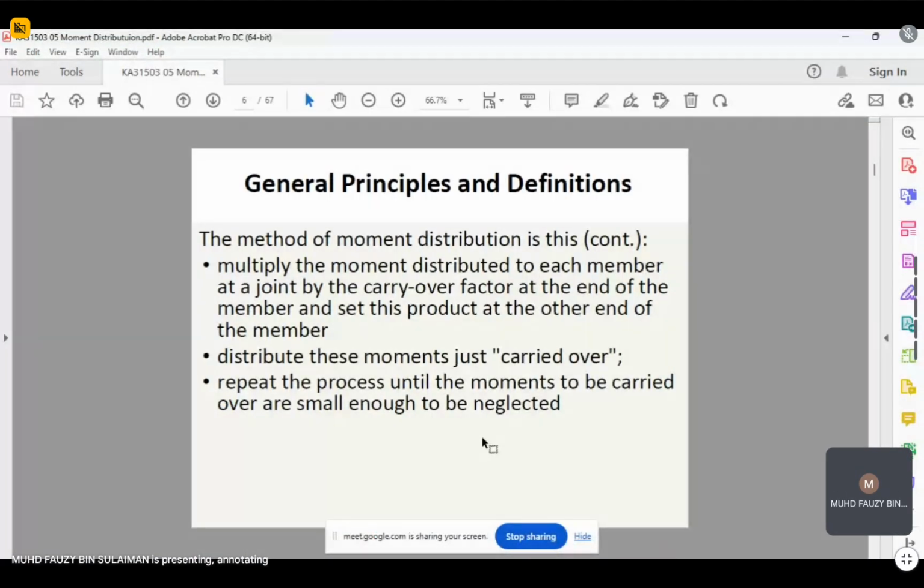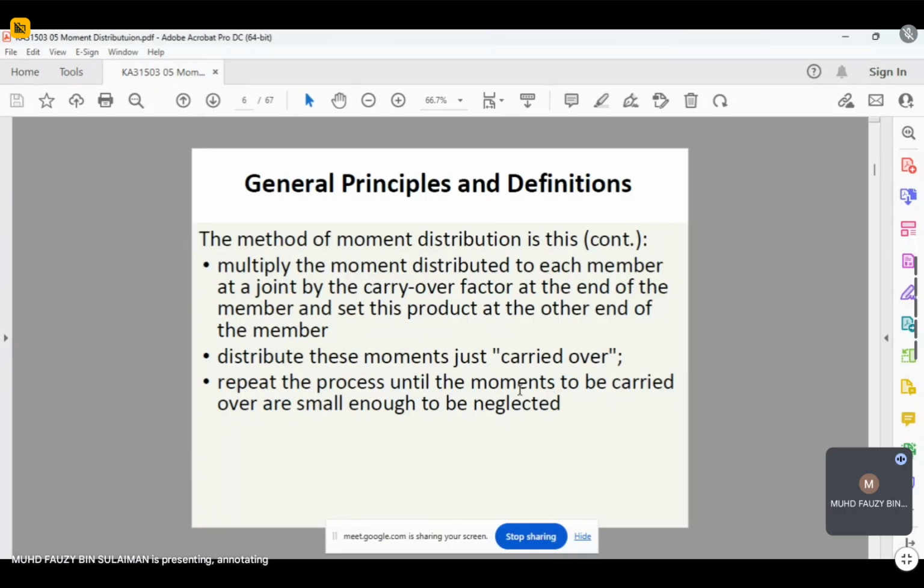Then repeat the process until the moment to be carried over is so small it can be neglected, which means near zero, or plus minus zero. You can stop when you get 0.5, 0.2, 0.3, until it is near to zero.